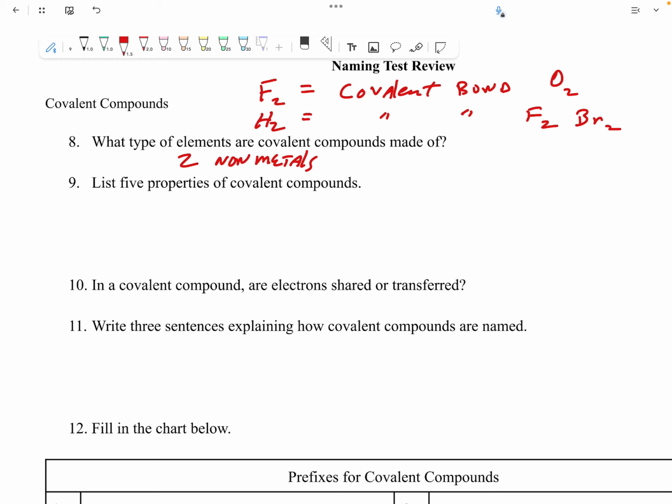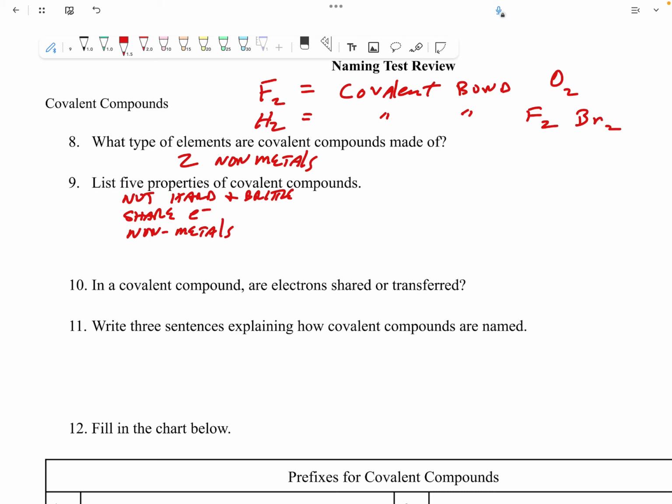Properties of covalent bonds. Well, they are not hard and brittle. They share electrons, that's for sure. They are non-metals, that's for sure.